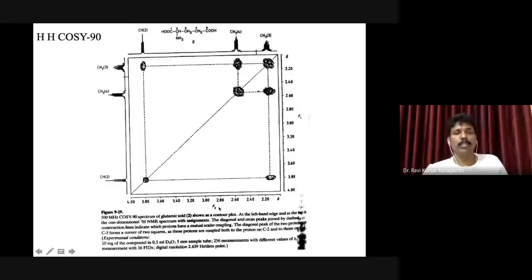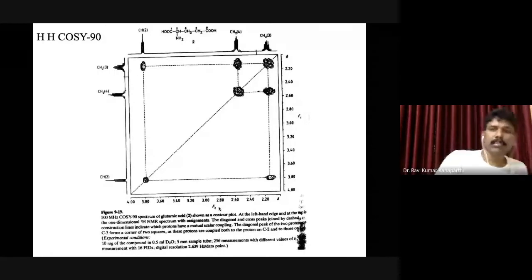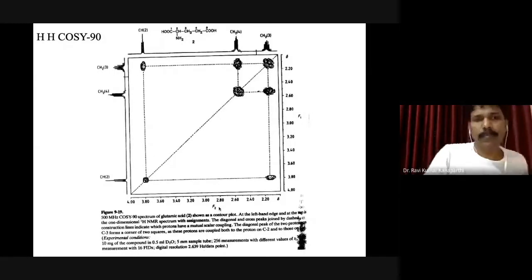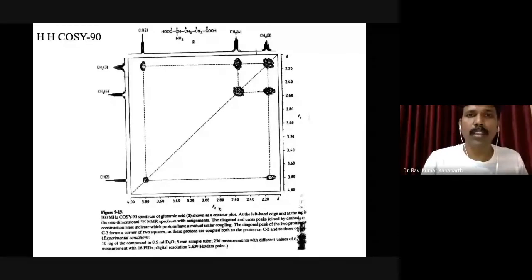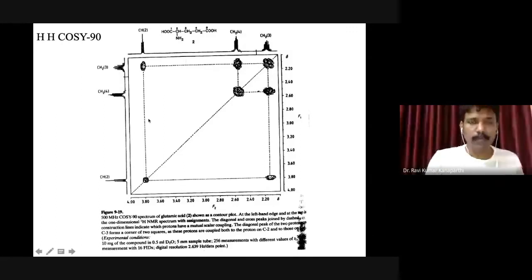And what about glutamic acid? This is glutamic acid, and we are confined only to this, not to the acid protons, which are not shown here, because that scale would go up to 12 or 13. But mostly the aliphatic region is shown here in this COSY spectroscopy.